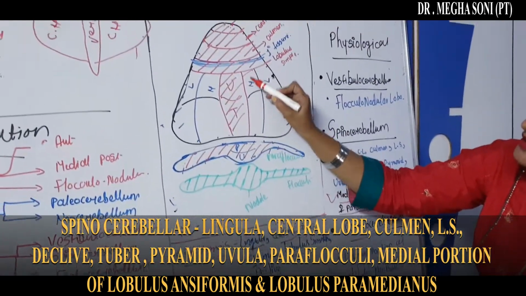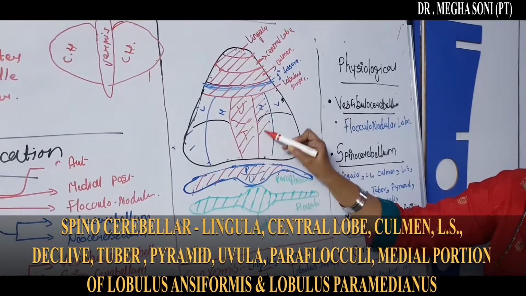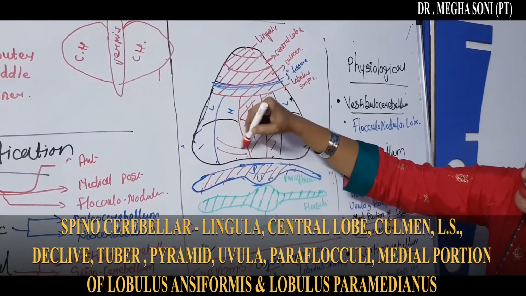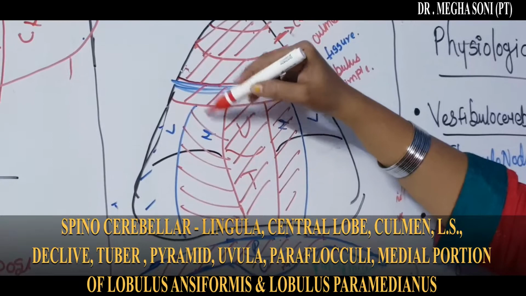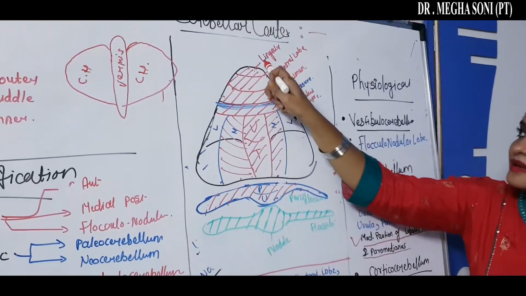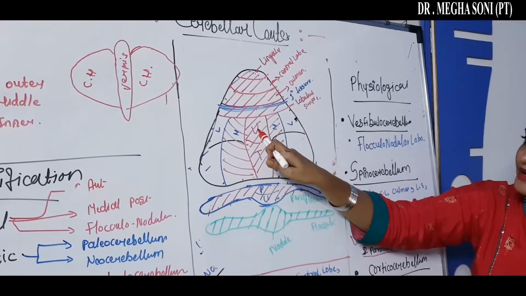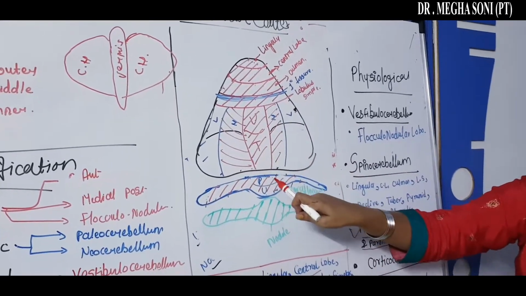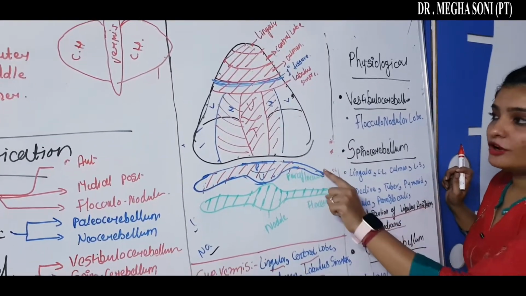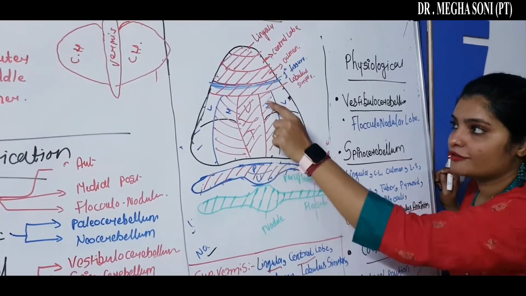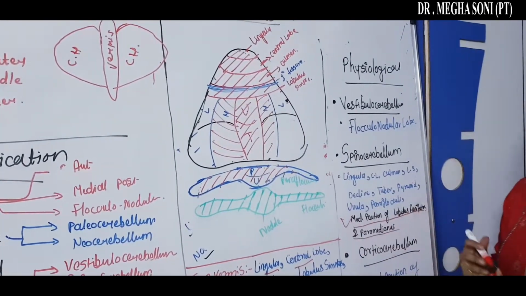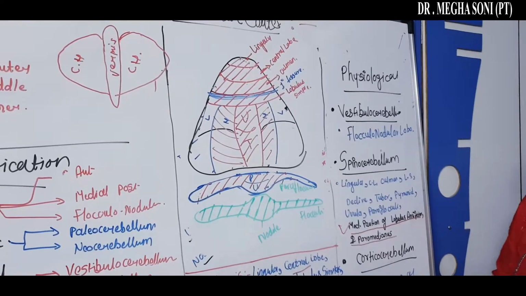So spinocerebellum includes lingula, central lobule, culmen, lobulus simplex, uvula, tuber, pyramid, uvula, paraflocculi, and the medial portions of lobulus ensiform and lobulus paramedianus.